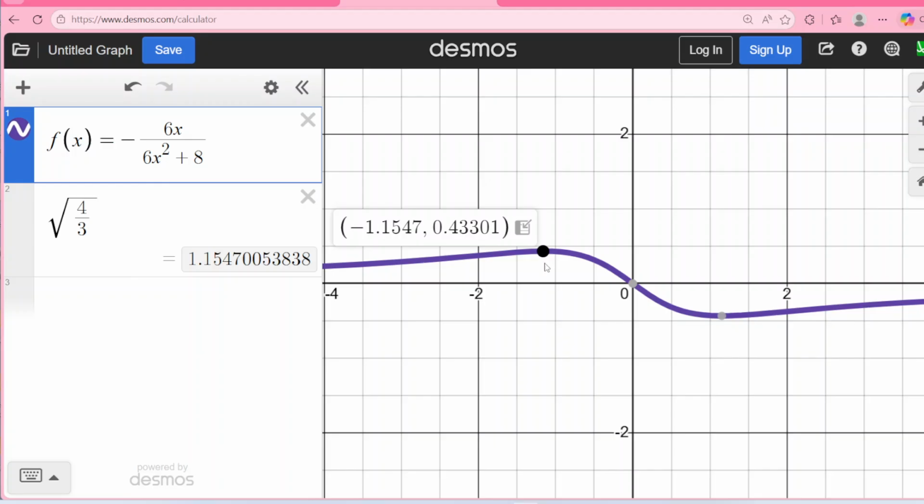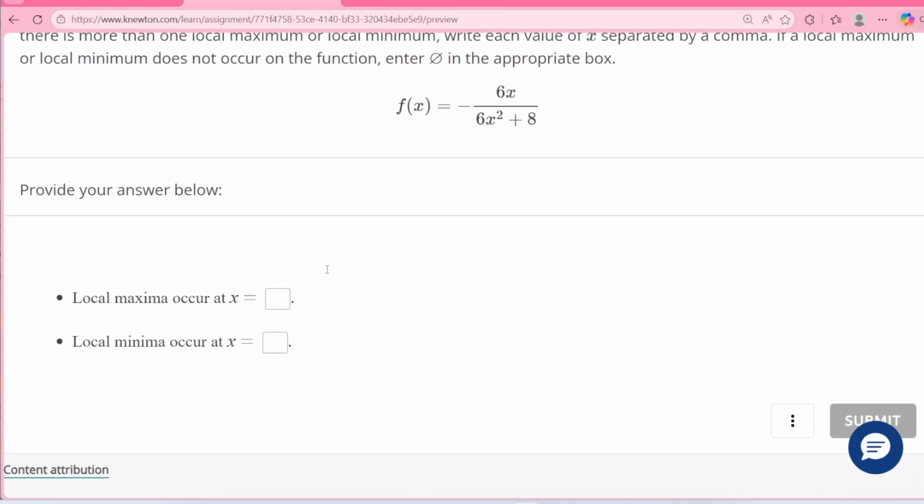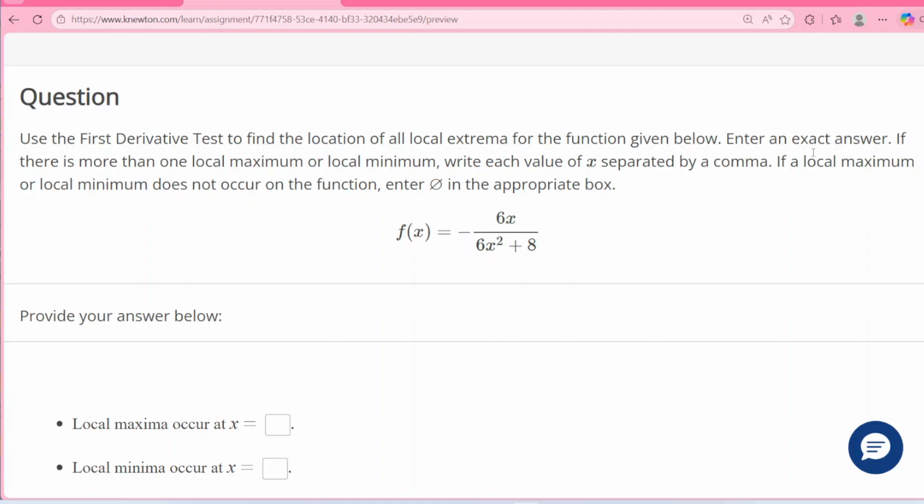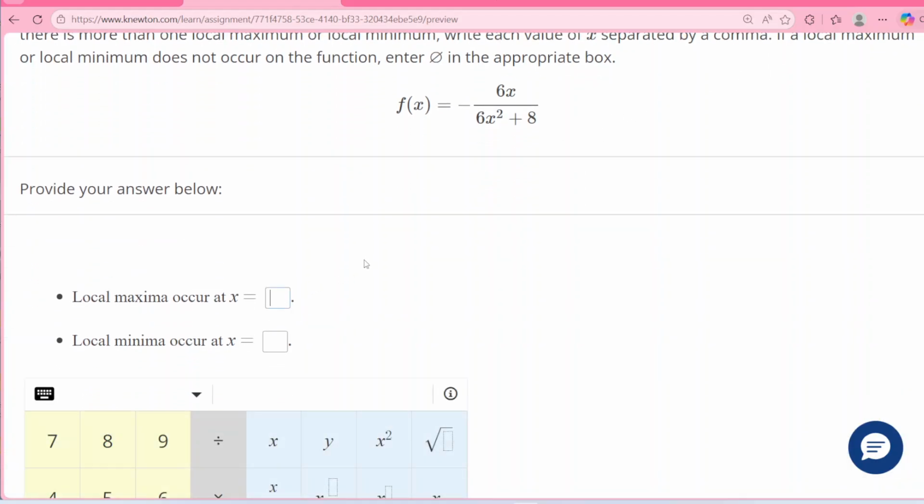A nice thing about Desmos is they highlight where these local max and local min points occur. They also highlight intercepts, but 0, 0 is not important here. They highlight where the local maximums and local minima occur, and that's at this positive square root of 4/3 and negative square root of 4/3. Those are what I'll enter, and it did say enter an exact answer, so don't round anything.